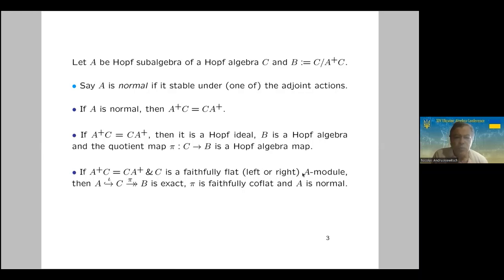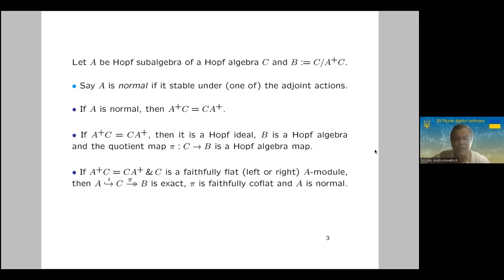For instance, suppose that you have a Hopf algebra C, a Hopf subalgebra A, and let B be C divided by the right ideal generated by the augmentation ideal of A. We say that A is normal if it is stable under either the left or right adjoint action of C. In case A is normal, then the left ideal generated by A plus is equal to the right ideal generated by A plus. So this is a 2-sided ideal.